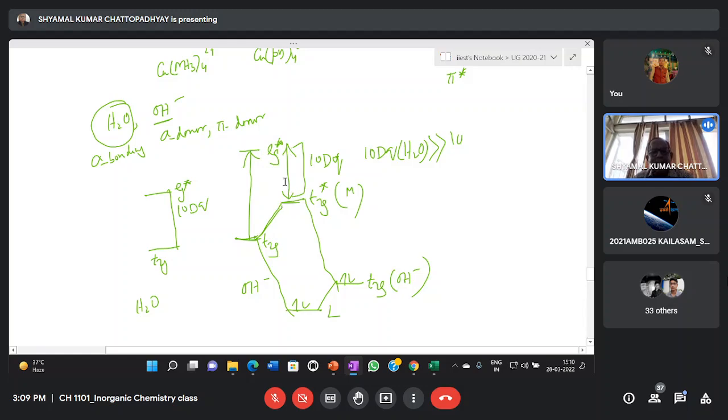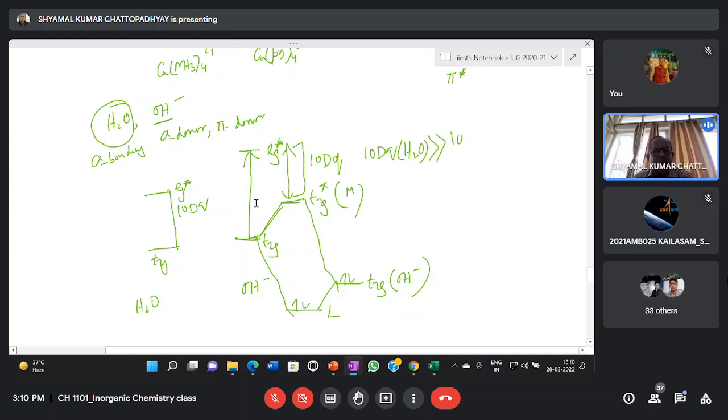Now, after taking into account the pi interaction between the p pi orbital of the hydroxyl ion and the metal t2g orbital, you can see that the t2g*-eg gap of the hydroxyl ion is in fact smaller than that of water.